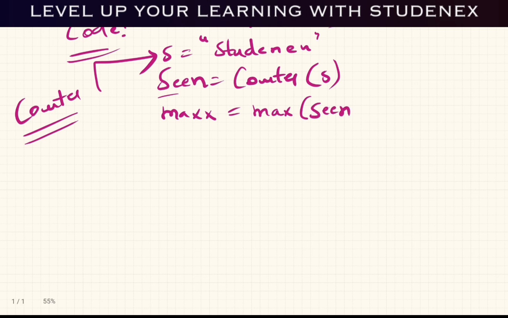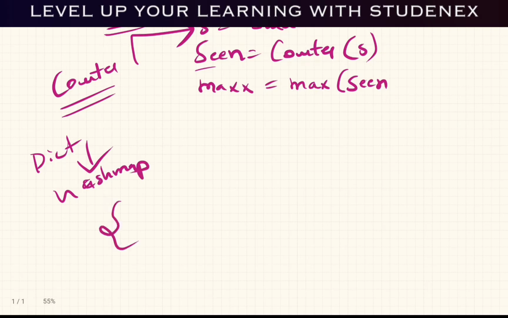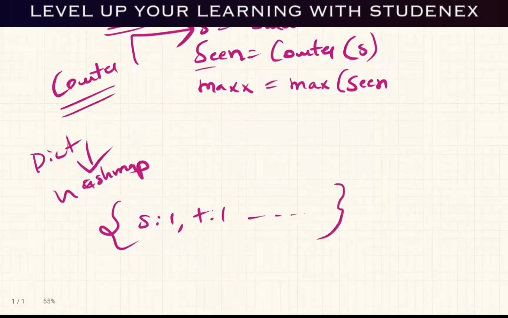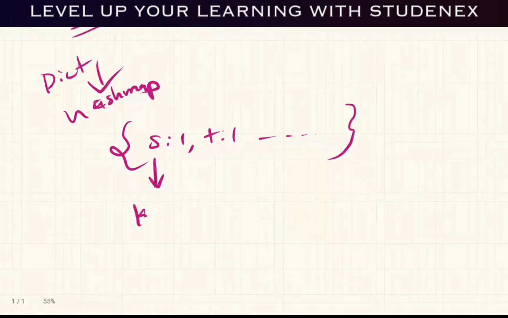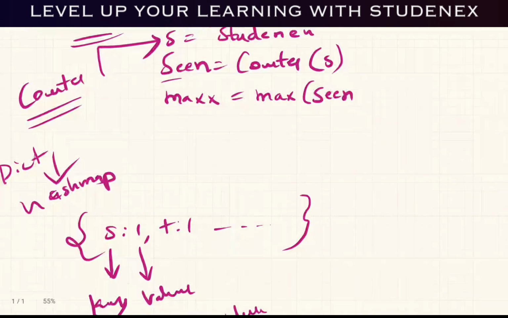So I'm gonna take seen. If you know the concept of dictionaries, the same thing goes in hash map also. So here, in student X, S appears 1, T appears 1, and this continues, right? Here, this is gonna be our key. This is gonna be our value. So we are gonna find max of our value. So what I'm gonna do here is seen dot values.